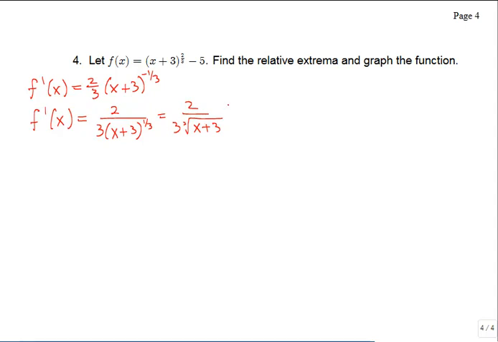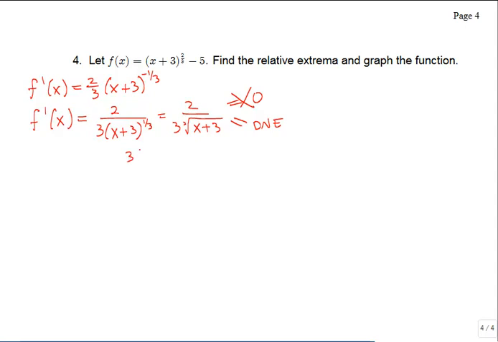So critical numbers. Where is this going to be 0? And where is this going to be undefined? Well, the only place a fraction is 0 is when its numerator is 0. And this numerator is always 2, so that can't happen. The only place where a fraction becomes undefined is when its denominator is 0. So that can happen here.